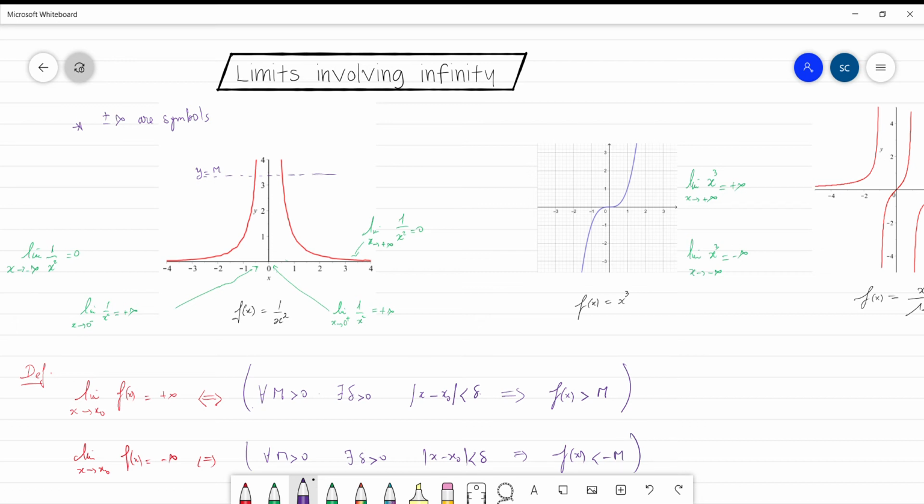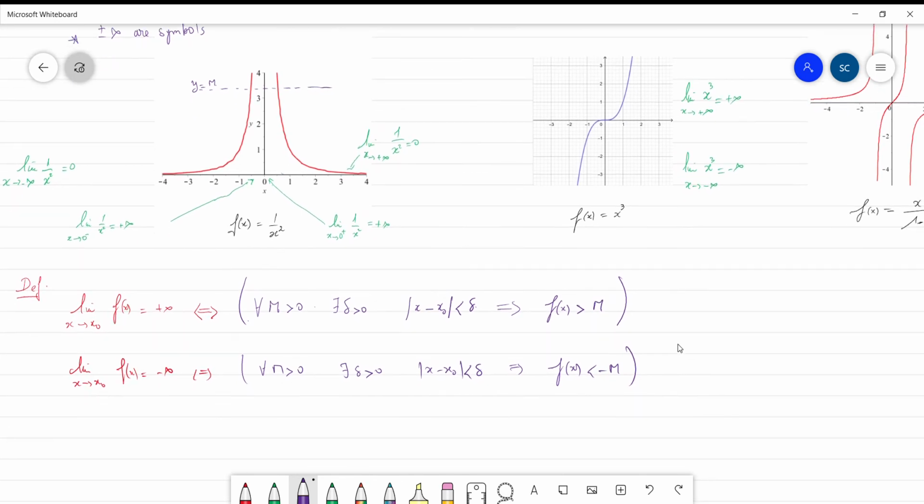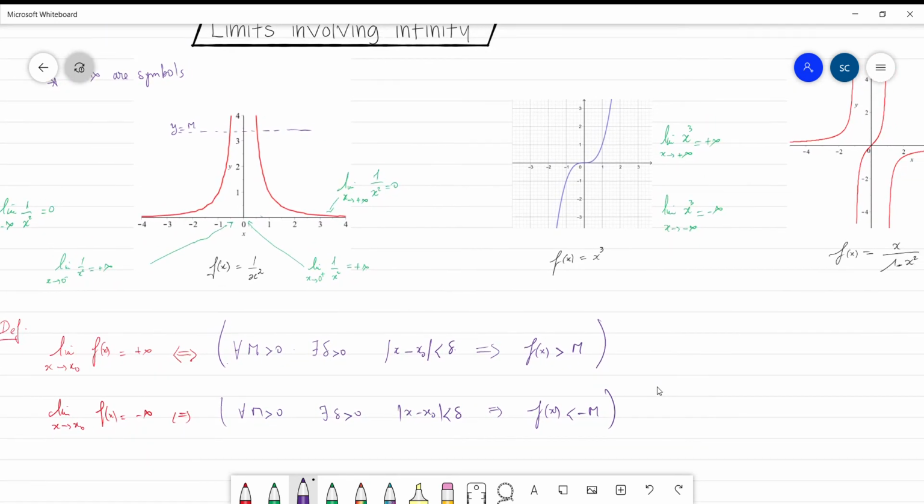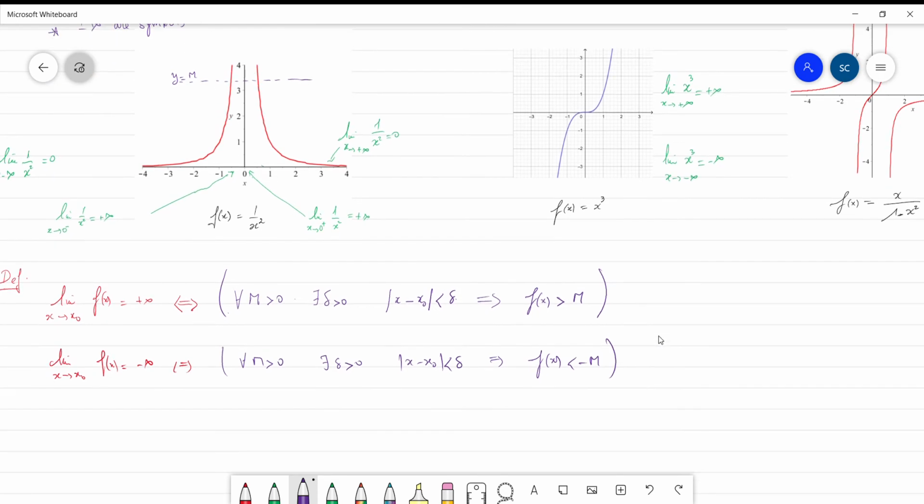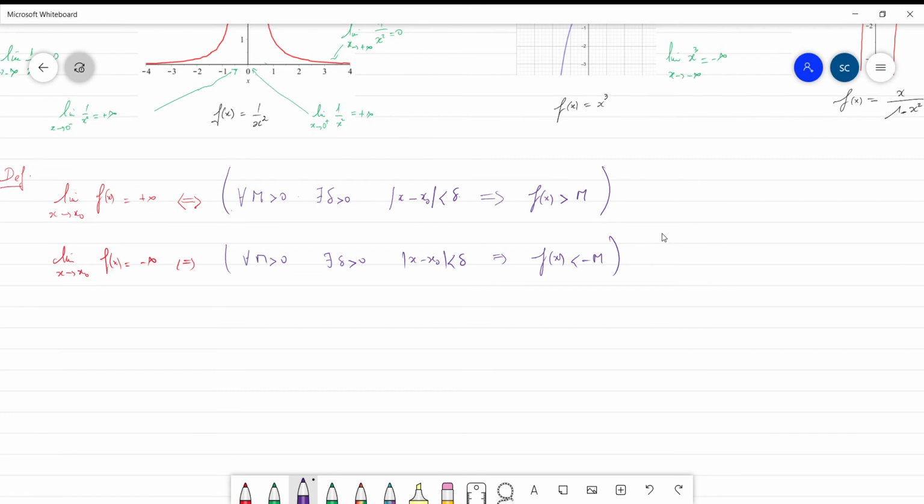If I can check this definition, then it's okay. We can check it for our function 1 over x², but first I prefer to continue with the different limits, then I will apply it to just my 1 over x². Just one case so that you see how it works.